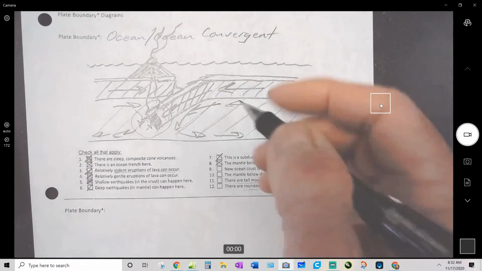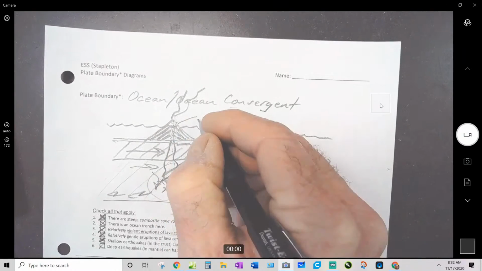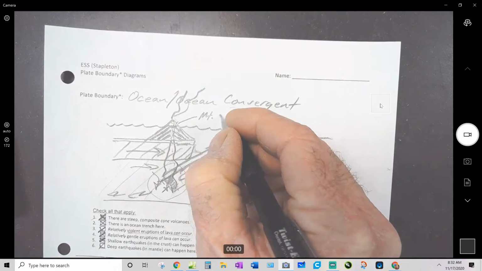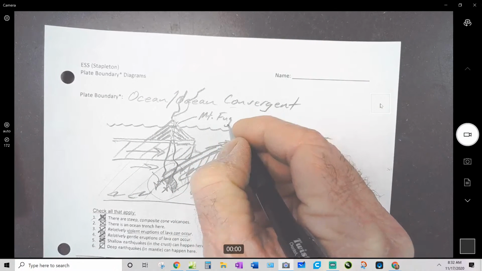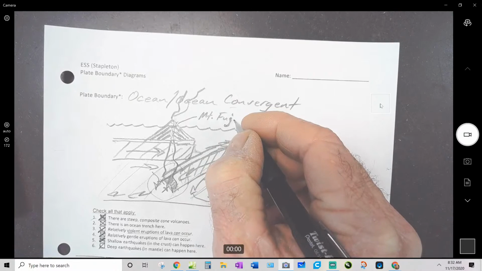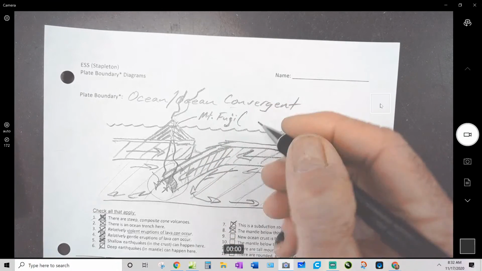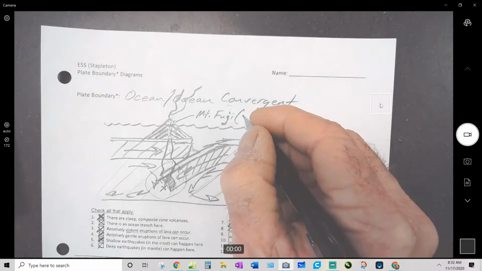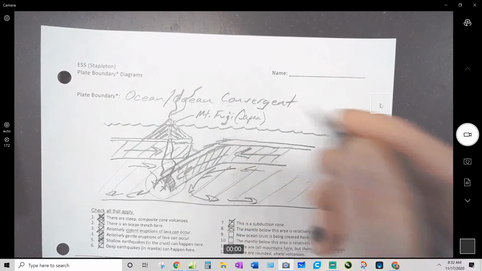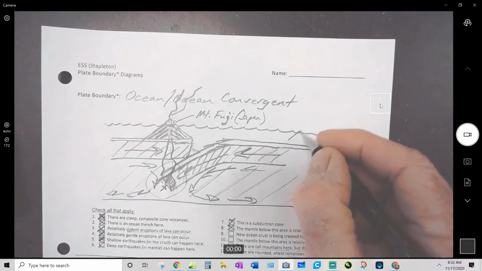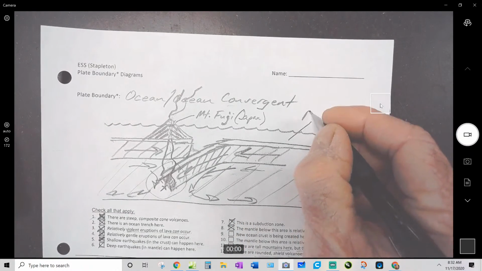Let's call this Mount Fuji. You don't need to remember the name Mount Fuji, but that's one of the volcanoes in Japan. And this could be the Pacific Ocean.